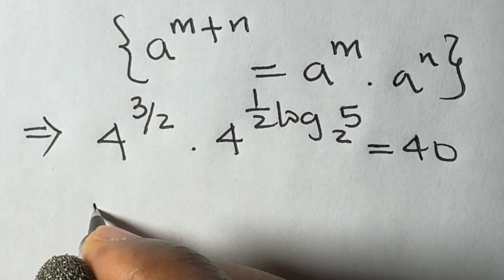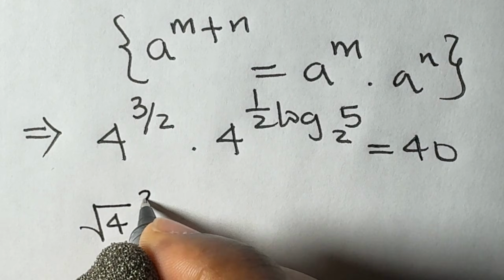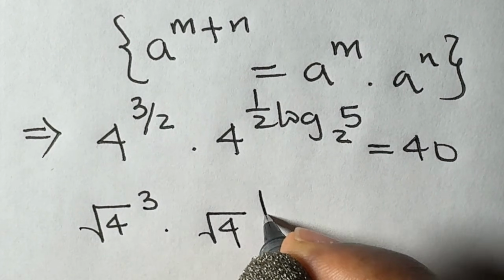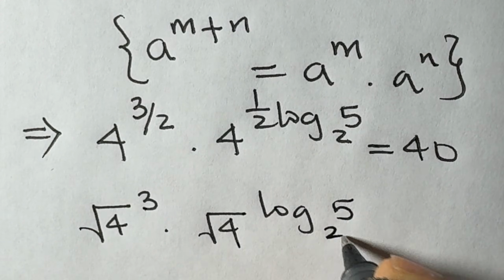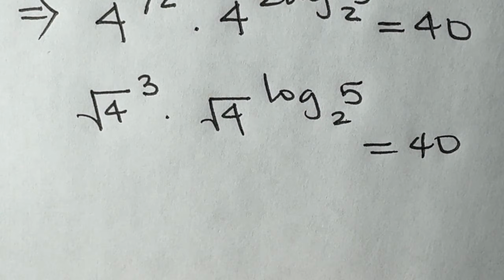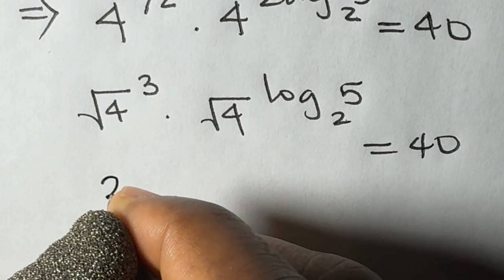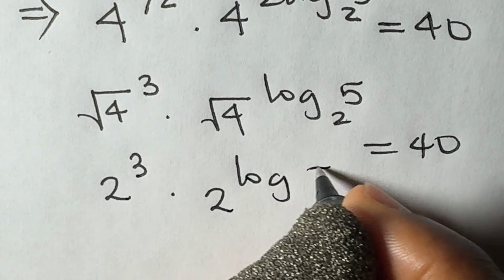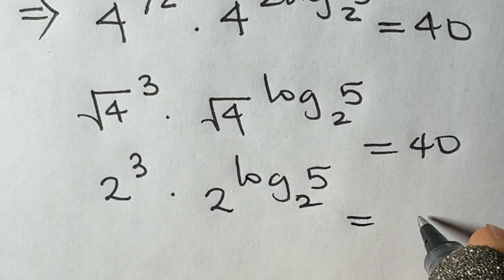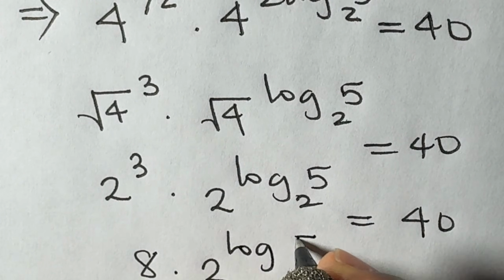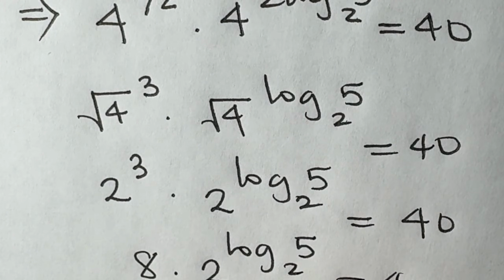Here, this is the same thing as saying square root of 4, then raised to power 3. This is also square root of 4, then raised to power log 5 base 2, is equal to 40. Square root of 4 is 2, so we have 2 raised to power 3, and then here we have 2 raised to power log 5 base 2 is equal to 40. 2 raised to power 3 here is 8. So we have times 2 raised to power log 5 base 2 is equal to 40.